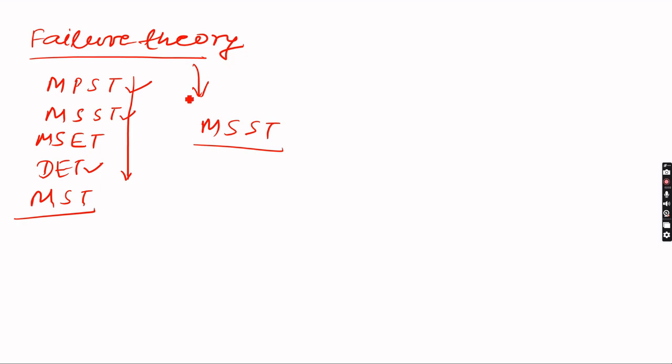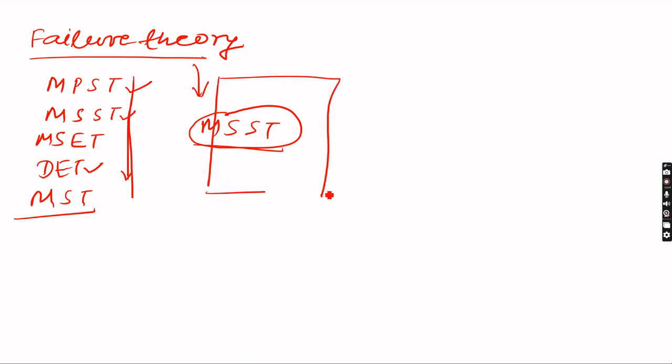Anything can be there. One more point I want to add: whenever you are reading the GATE examination, sometimes they will give the name of a scientist, like Rankine theory, Guest and Tresca theory, distortion energy or von Mises theory.